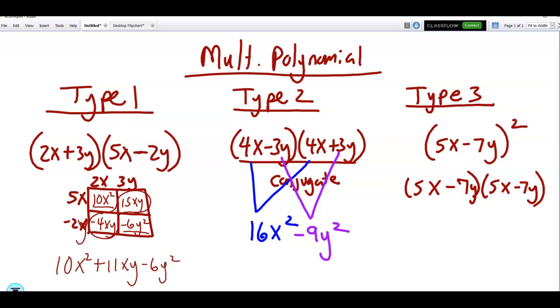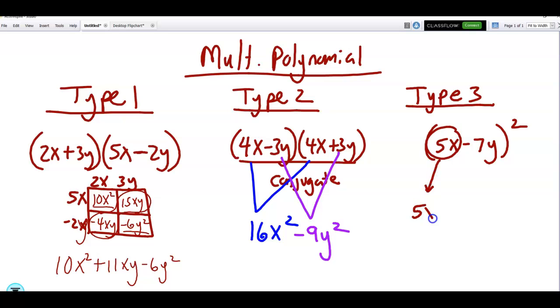Once again, you could do the box method, but we're not going to do the box method. I want you guys to know a faster way to get this, and here it is. You're going to take this number here and you're going to square it. You're going to take this number here and you're going to square it.